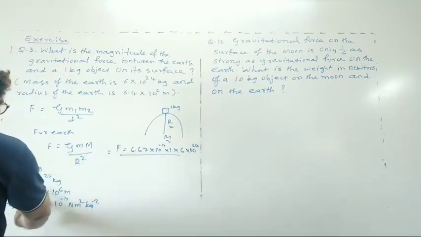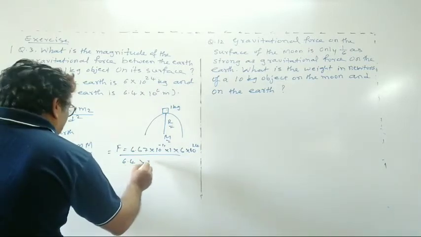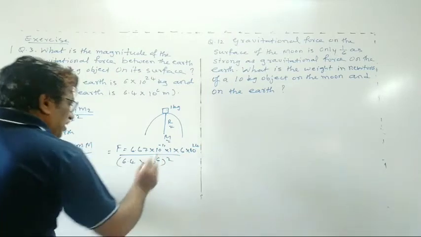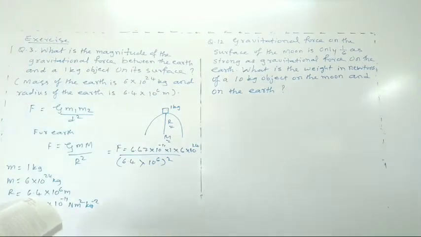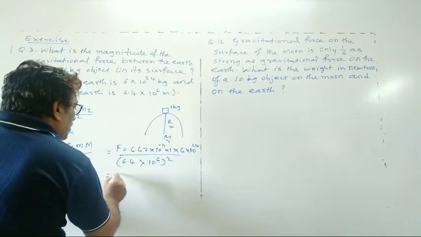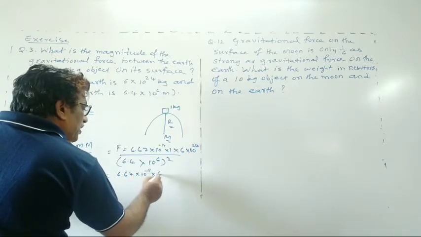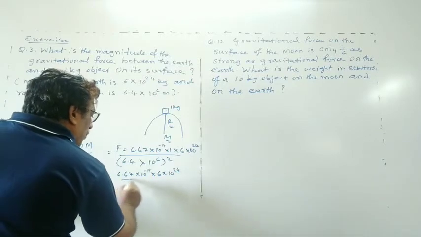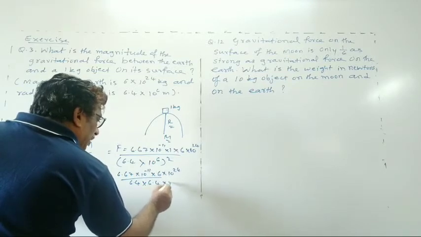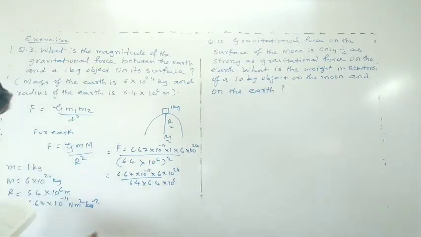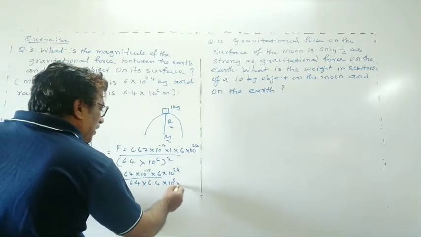R square means 6.4 multiplied by 10 power 6, the whole squared. We can write 10 raised to 6 twice, so it will be 2 times 6.